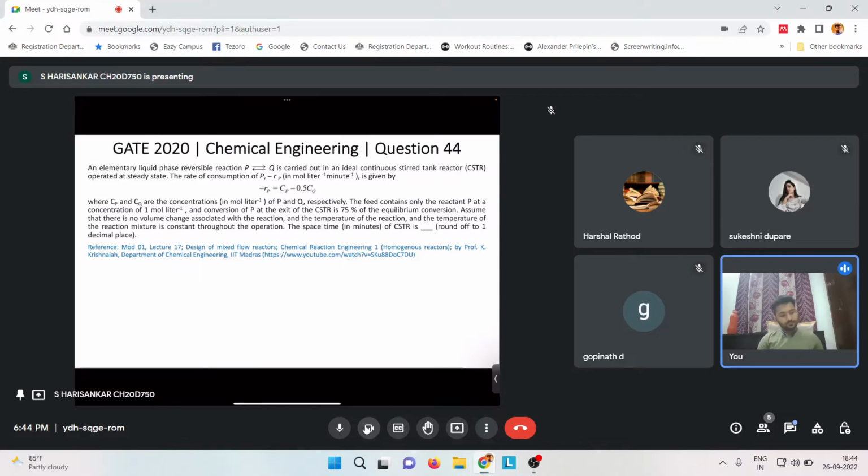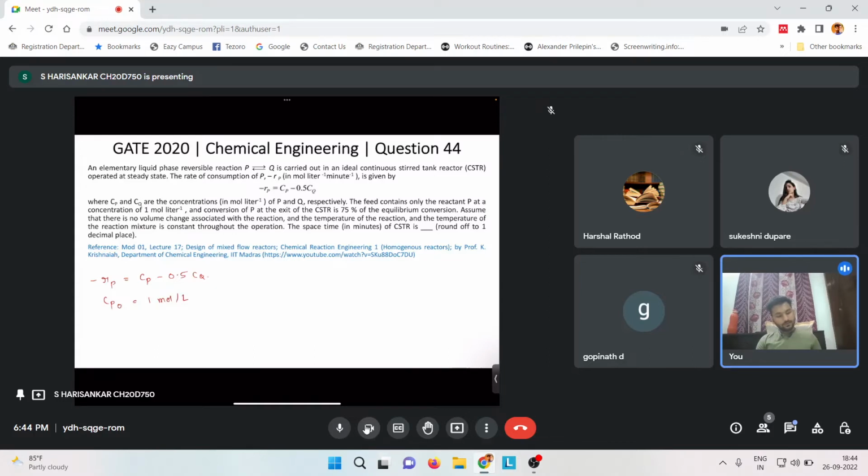Okay, so let us write down the data they have given us first. First they have given the rate equation minus Rp is equal to Cp minus 0.5 Cq. They have given that the initial concentration Cp0 is 1 mole per liter.